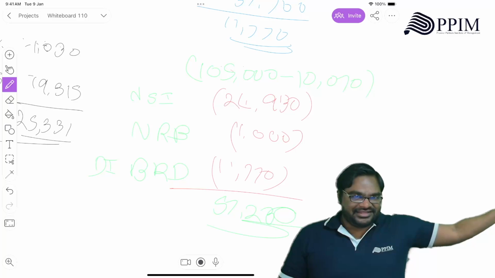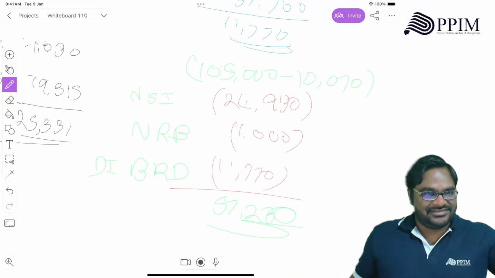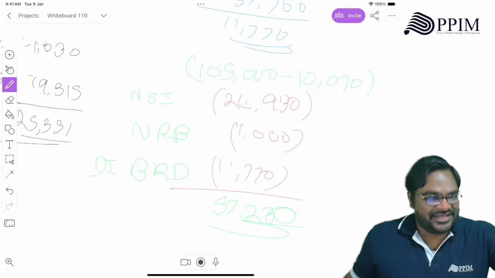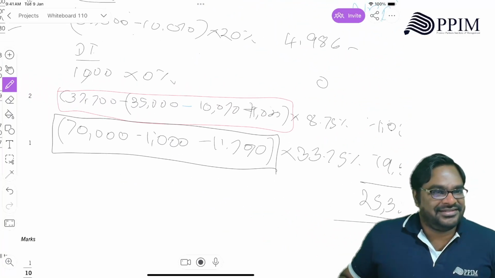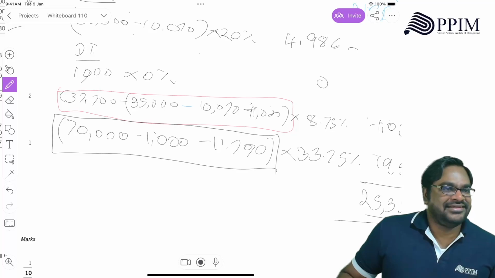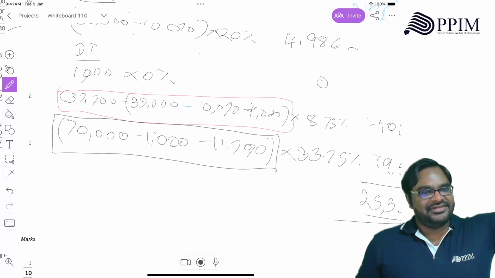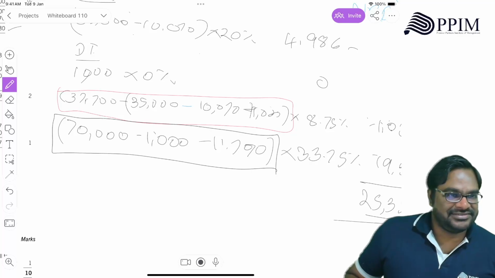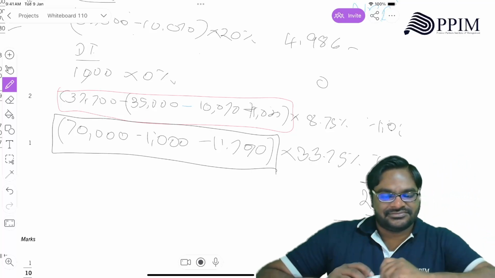Whatever I have already taken, I just took them out. 1,000 I have already considered, right? So that is why I am taking it out when I am calculating this band as well. Let's say I have an additional rate, then again I have to deduct 1,000. Whatever I considered above, I need to deduct, right? Agree? Should be 70,000, right?